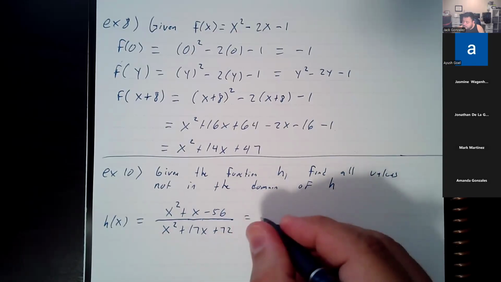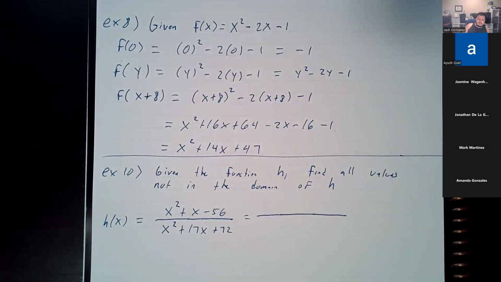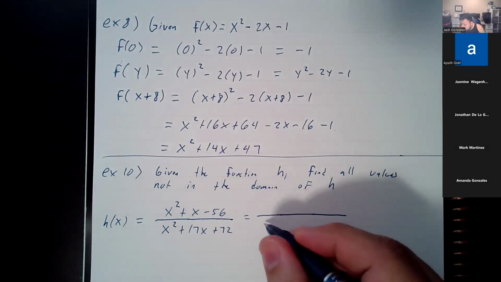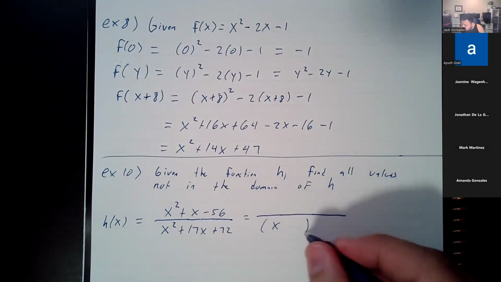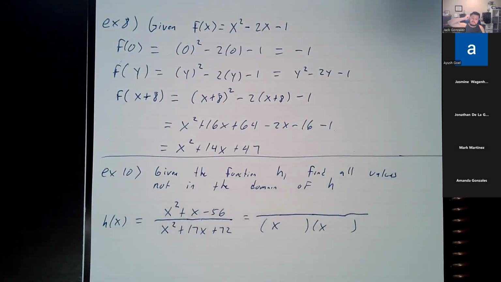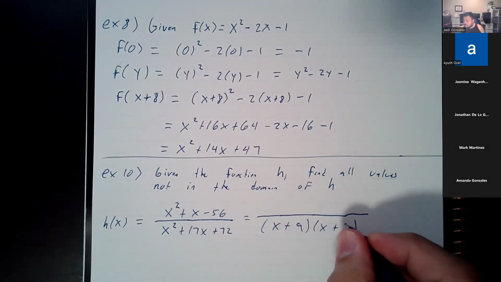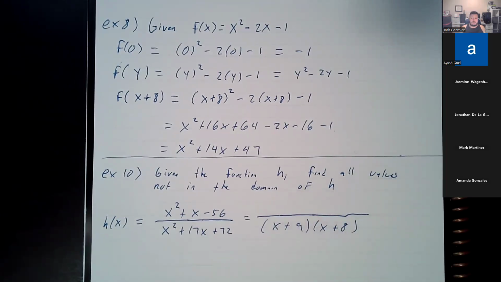Does that factor pretty on the bottom? I think it does. What are factors of 72 that add up to 17? Use trial and error because there's nothing on the x squared.